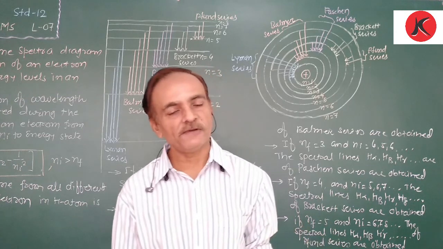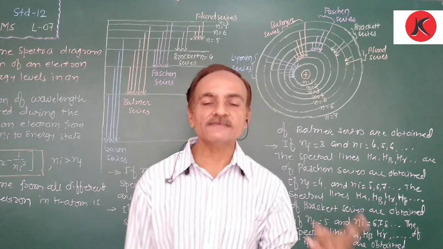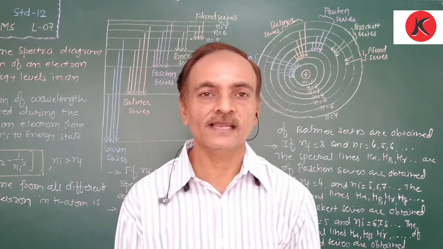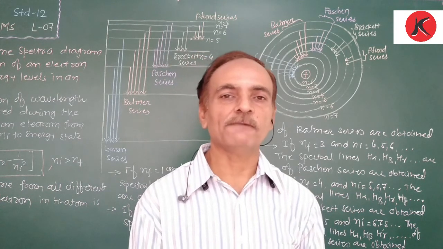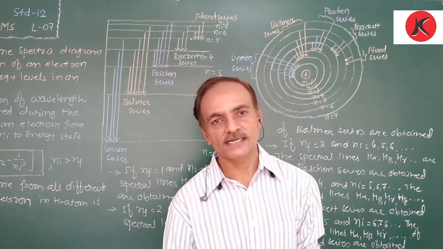For different values of nf, we obtain the different spectral series. And as we take different values of ni, we obtain the different spectral lines, like the alpha line, beta line, gamma line, delta line for different series. Clear?